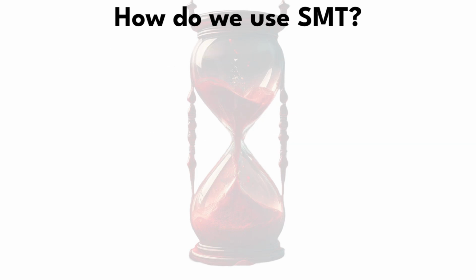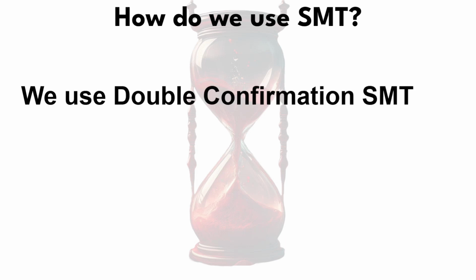So then, how do you correctly use SMT? Now, what I'm going to be teaching you here is straight out of my mentorship. Now, I won't be teaching you everything, but I'll be teaching you as much as I can. So, I'm sure on Twitter, if you follow me on Twitter, you've heard me talking about SMT and double confirmation SMT.